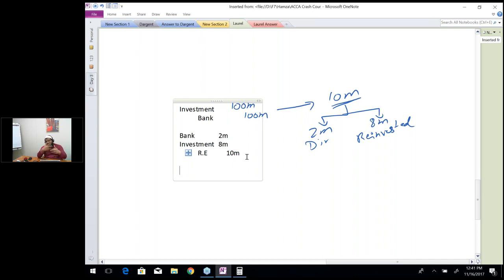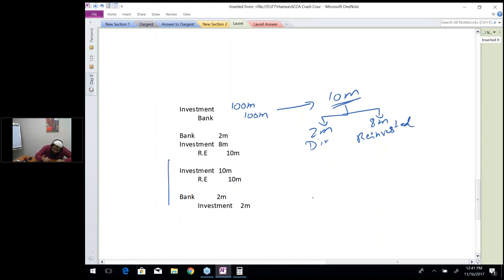Now let me rephrase the entry. If I say investment debit by 10 and retained earnings credit by 10, and then I make a new entry, bank debit by 2 and investment credit by 2.